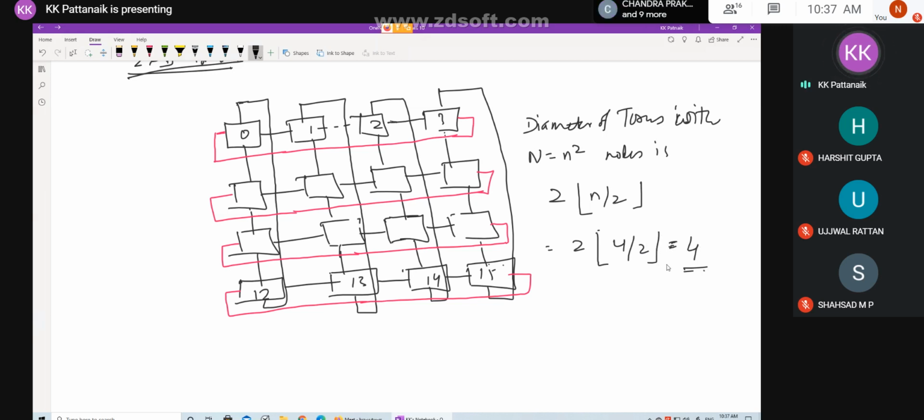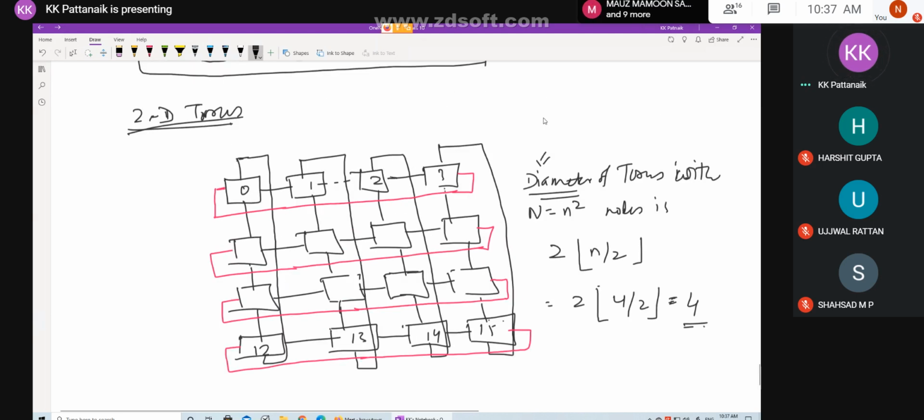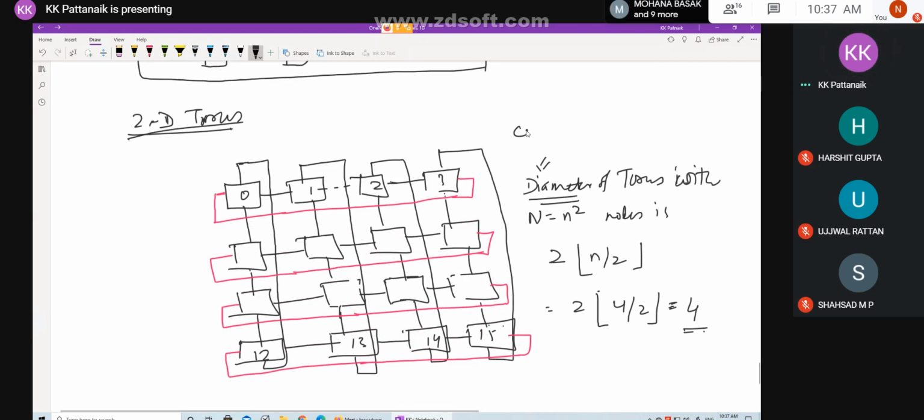Here diameter means from the center of the network to the edge of the network, right?